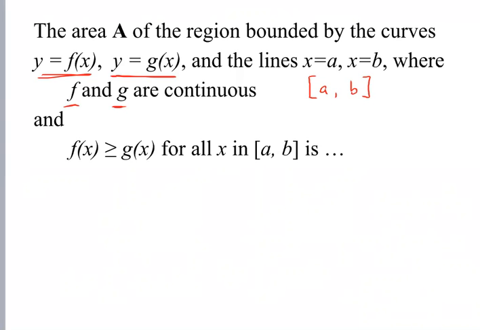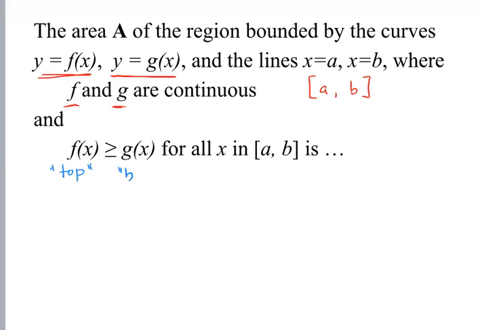And then we also have this feature that f of x is greater than or equal to g of x for all x on that interval from a to b. So what I might picture in my mind is that f would be what we might call the top function, so it lies above the area that we are trying to find.